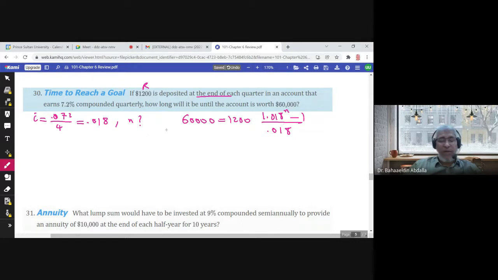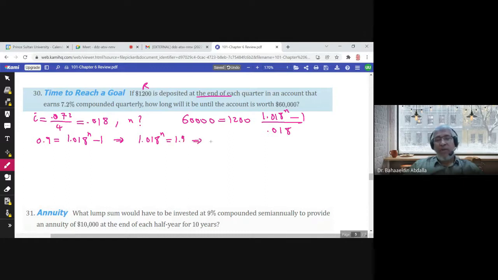So we start by dividing 60,000 by 1,200 and then multiply by 0.018, or divide 1,200 by 0.018 and then divide 60,000 by this number. So you'll find that 0.9 is equal to 1.018 to the power n minus 1. And we take 1 to the other side. So we'll have 1.018 to the power n equals 1.9.